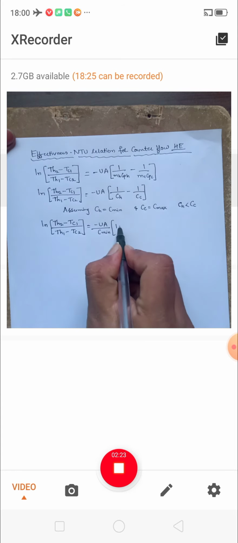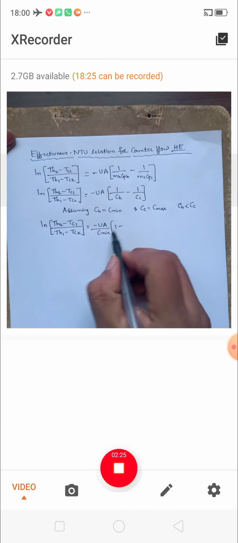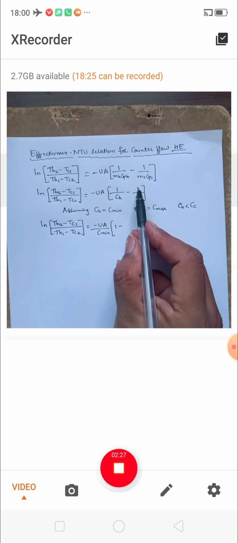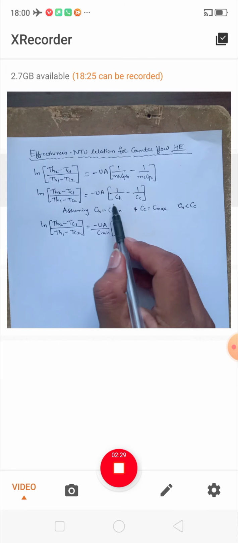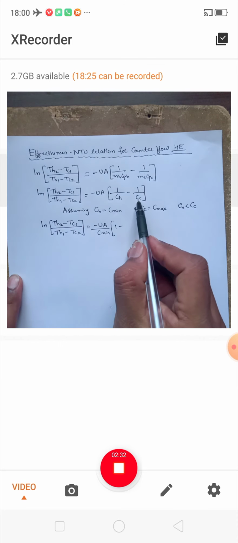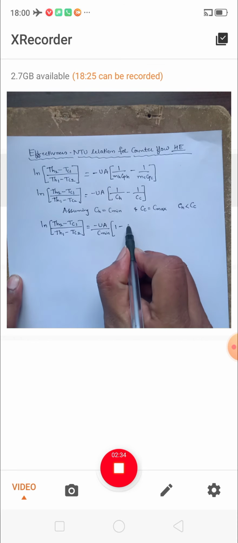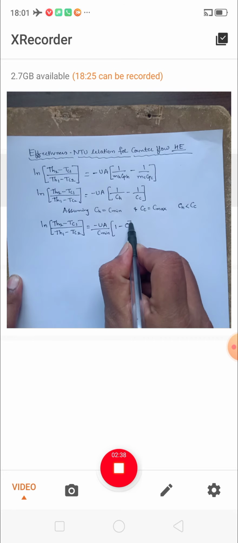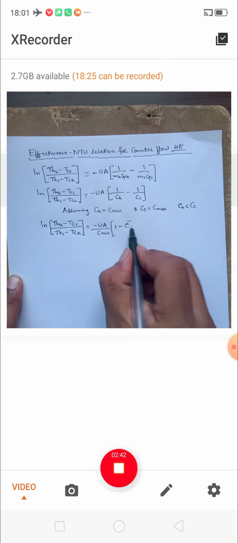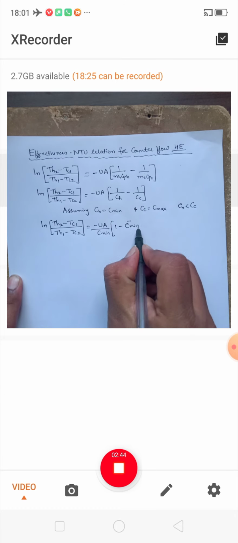In the bracket, 1 minus CH divided by CC, then directly I will write 1 minus C minimum divided by C maximum.